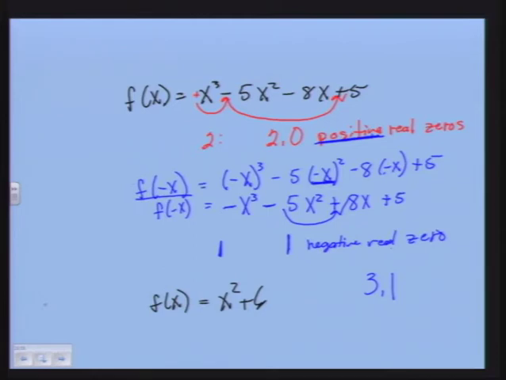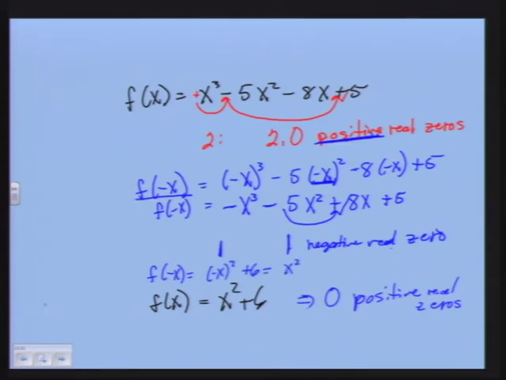Let's do one more quick one here to illustrate this. So looking at f of x equals x squared plus 6, we have no sign changes. That tells us that we have no positive real zeros. Well, let's do f of opposite of x, and we get opposite of x squared plus 6, which is x squared plus 6.